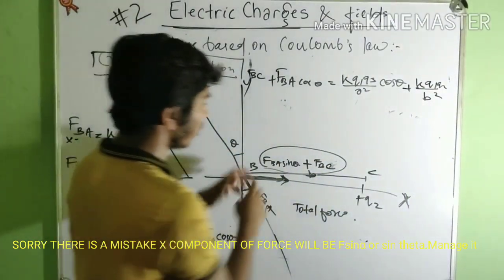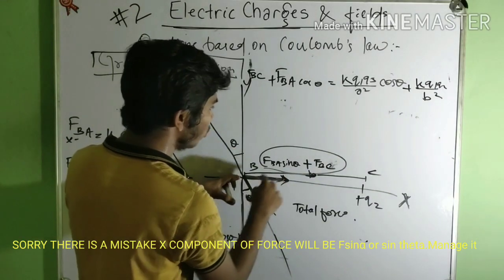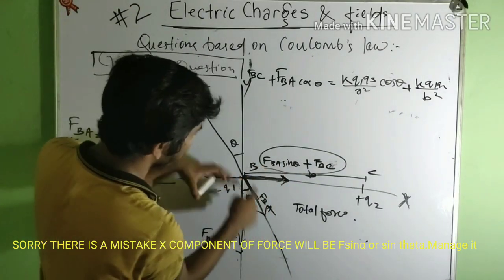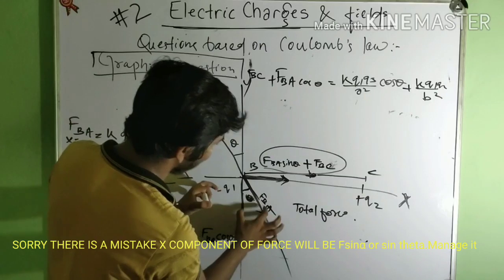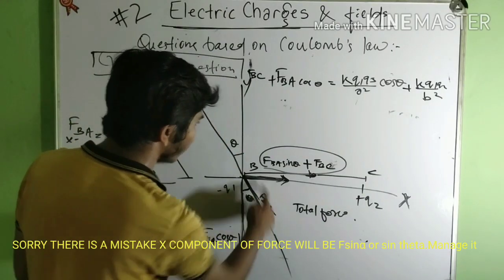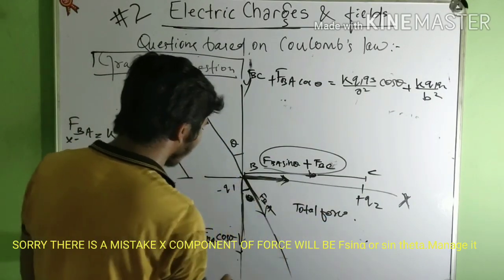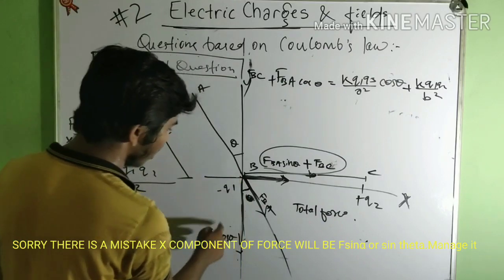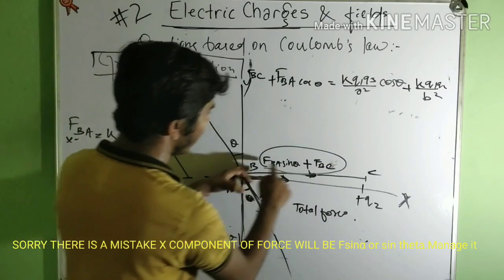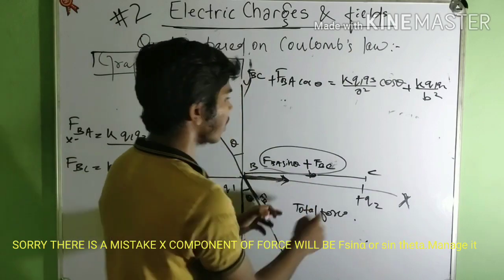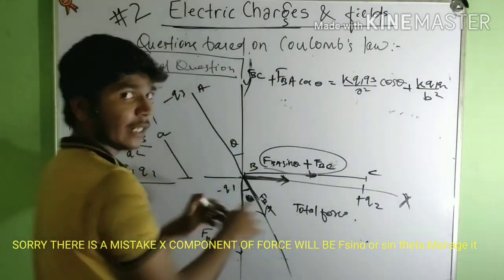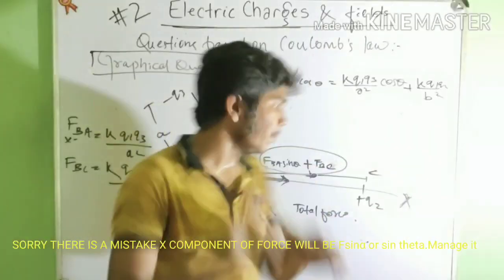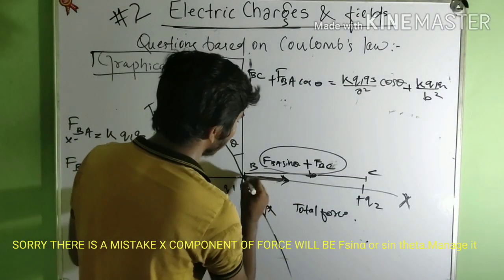Understanding or not? Force on B due to A will exert force on this side, and it has two components, x component and y component. The theta is here, so FBA cos theta is here, FBA sin theta is here, and it is positive, so it is negative. Positive will attract negative, so in this direction the two forces are there.